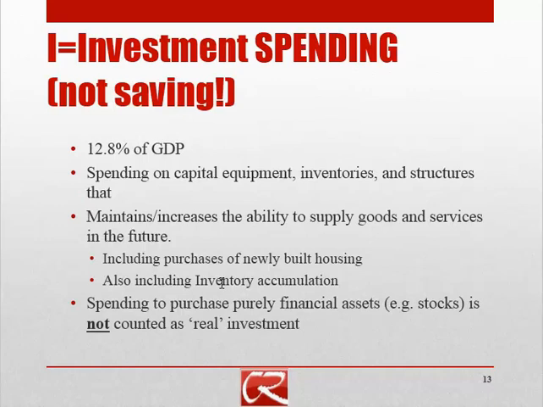Also, if a company builds up a big stockpile of lumber, then it's increased its ability to actually sell lumber in the future. So when a company builds up an inventory of finished goods that aren't sold yet, that's also investment spending. Now this is a kind of tricky thing.